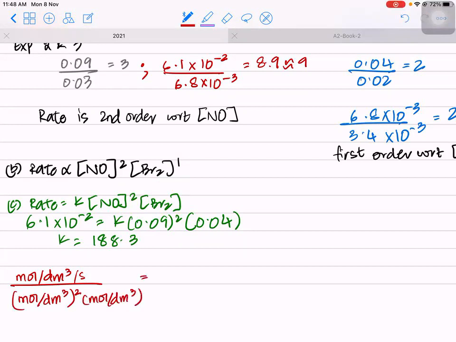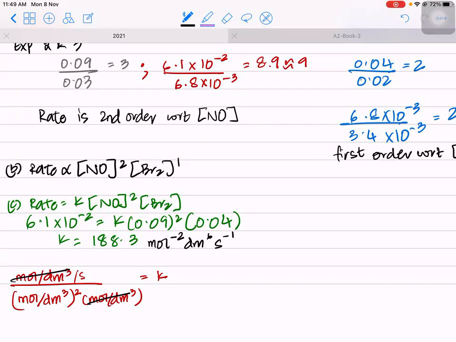So the units come out to be how much? In the numerator, you just have 1 mol per dm³. In the denominator, you have 3. So you will cancel this out and you'll be left with 2 in the denominator. So that will become mol^-2 dm^6 per second. Those are your units for K.